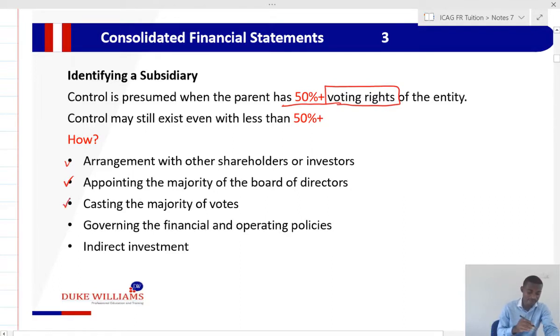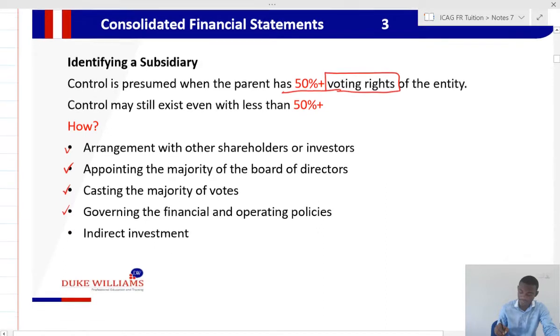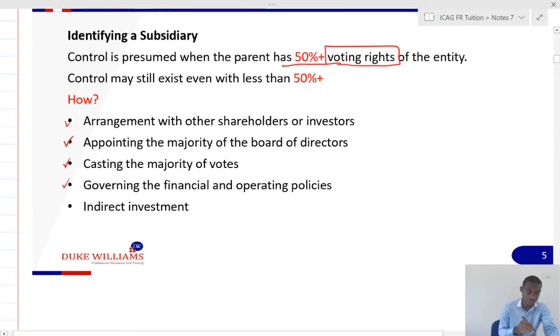Or where entity B casts the majority of the votes, that would indicate control. Or again, when entity B governs the financial and operating policies of entity A, that is control. The last one is where we have indirect investment. Now, when we have indirect investment, this is what it means.